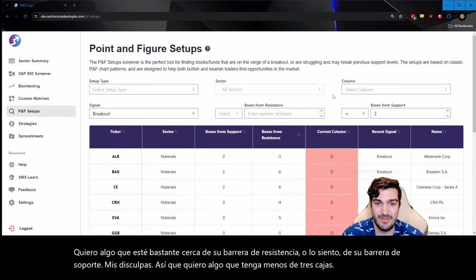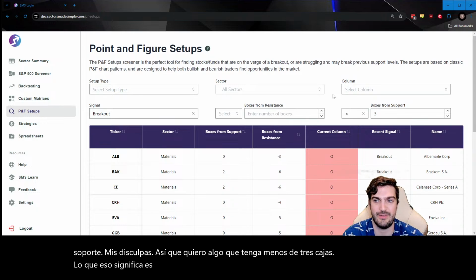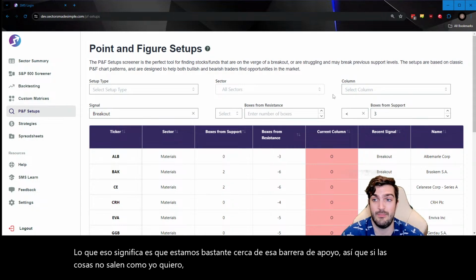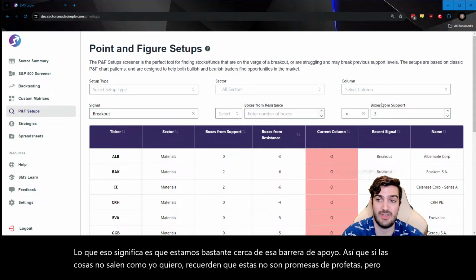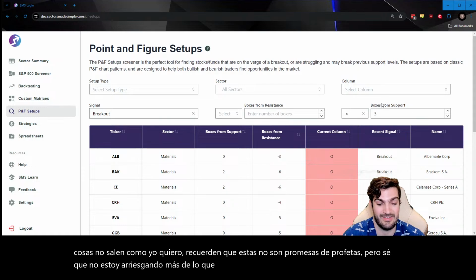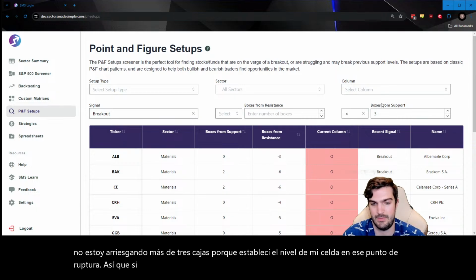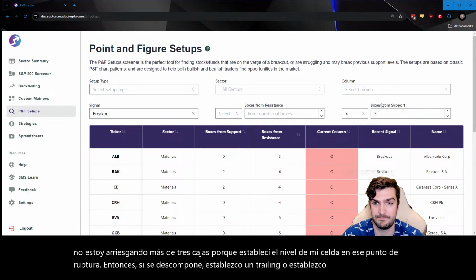What that means is that we are pretty close to that support barrier. So if things don't go my way, remember, these aren't promises of profits, but I know that I'm not risking more than 3 boxes because I set my sell level to that breakdown point. So if it breaks down, I set a stop loss to sell out.